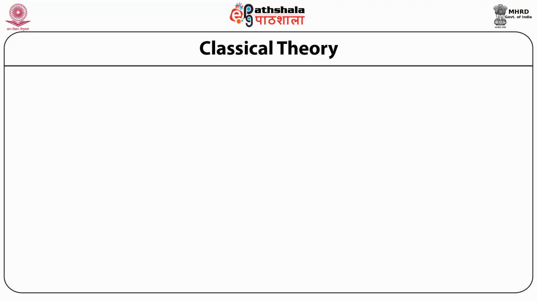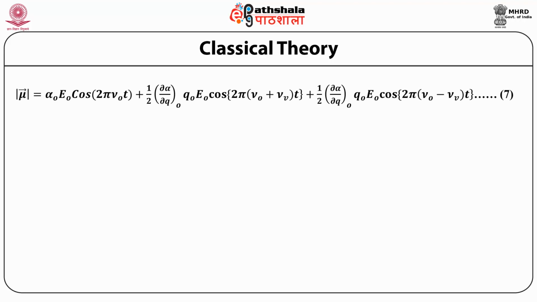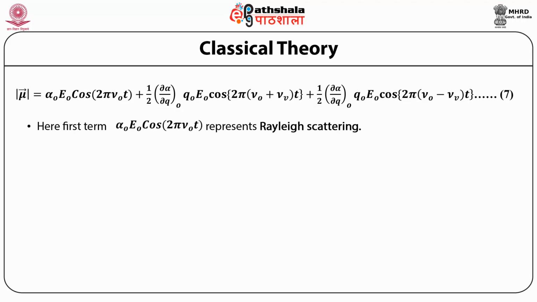Separating all the terms, we get three terms: α0 E0 cos(2π ν0 t) plus half (∂α/∂Q) Q0 E0 cos 2π(ν0 + ν)t plus half (∂α/∂Q) Q0 E0 cos 2π(ν0 − ν)t. The first term represents Rayleigh scattering, which is α0 E0 cos(2π ν0 t).